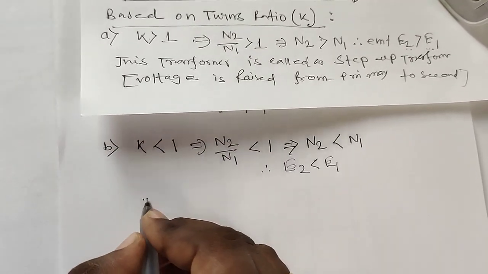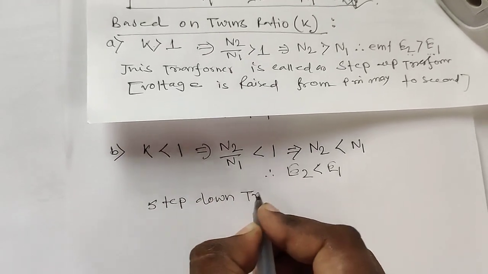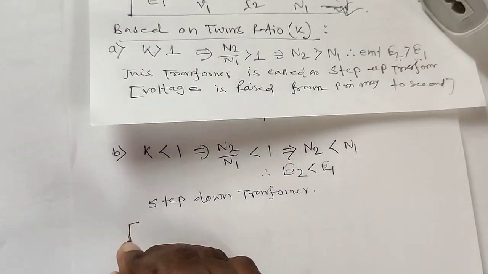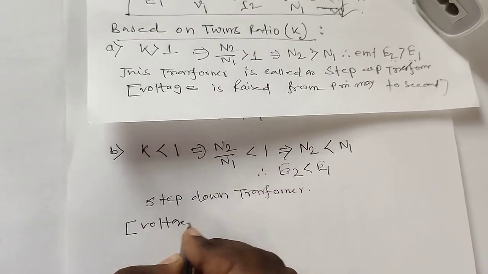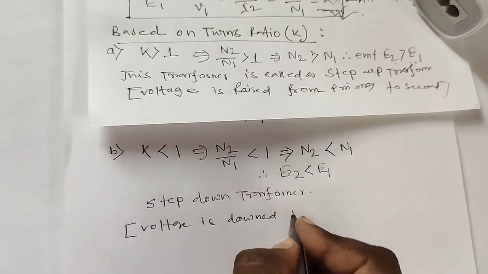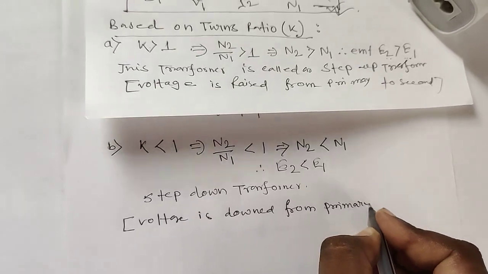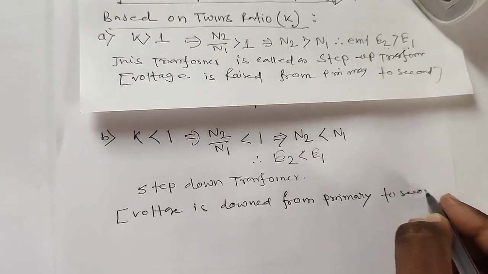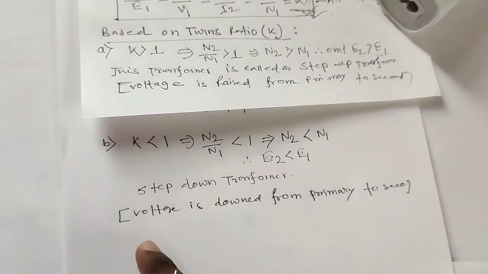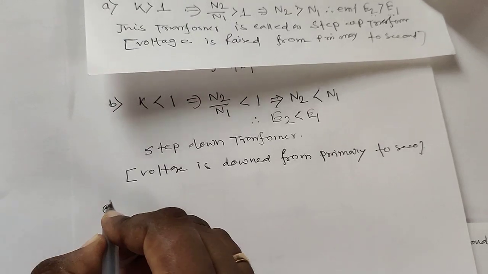This is the step down transformer, because the primary side voltage is more than the secondary.